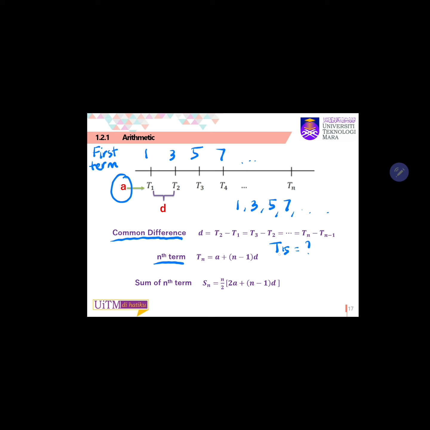So to find T15, it will become 1 plus (15 minus 1)D. What is your D here? D is 3 minus 1, which is equal to 2. So then you will get T15, which is 29.